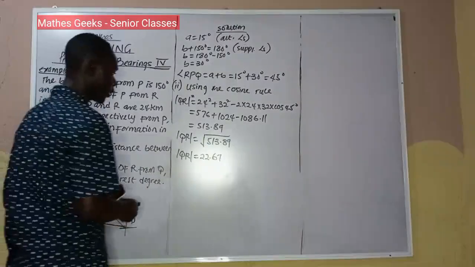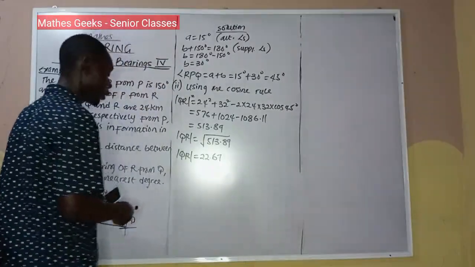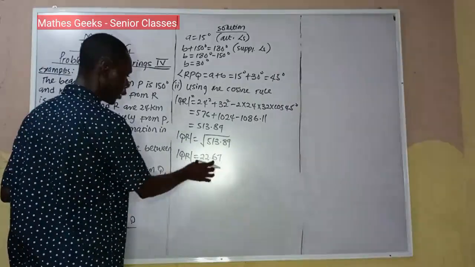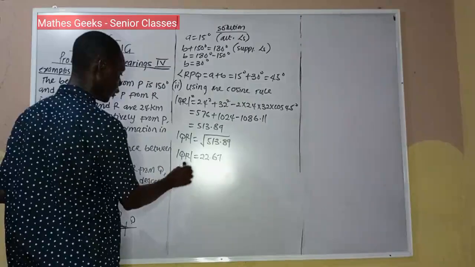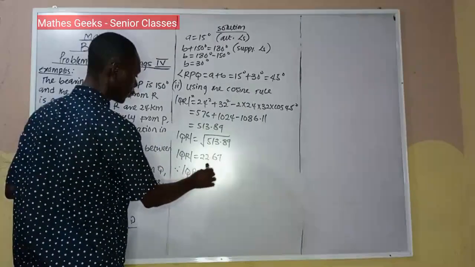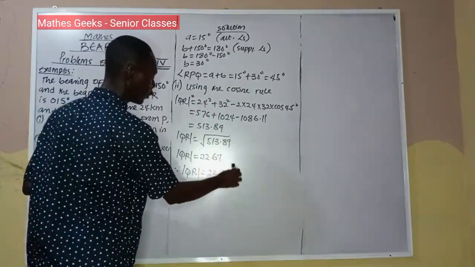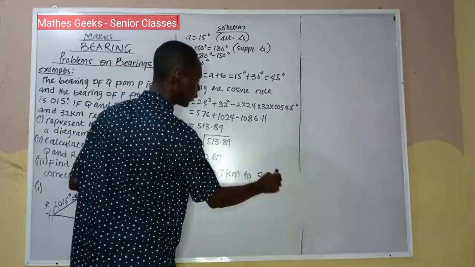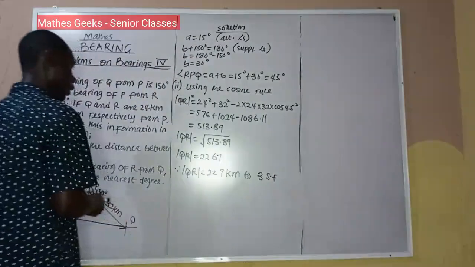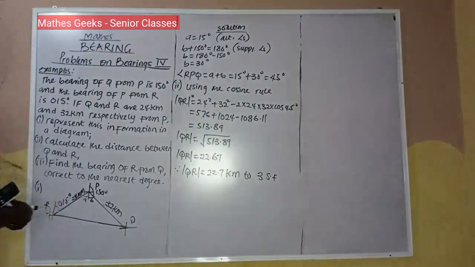They didn't give us any specific significant figures to correct our answers to, so I'm going to leave mine in 3 significant figures, and therefore line QR is equal to 22.7 kilometers. So that's for Roman figure 2.